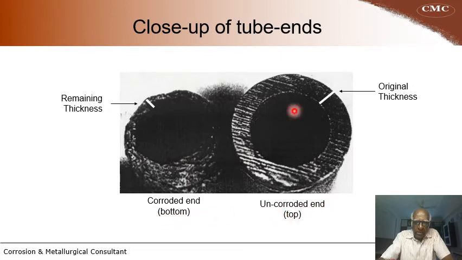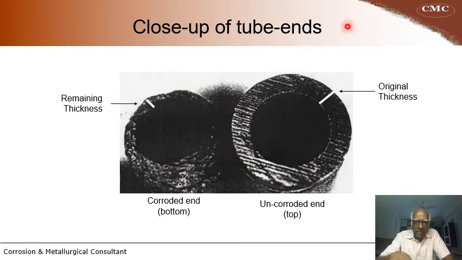And you can notice the inside diameter is very uniform. Inside surface is very uniform. You can see the inside surface here also uniform, whereas the outside surface is very smooth on the uncorroded end, whereas on the corroded end, outside surface is very rough.